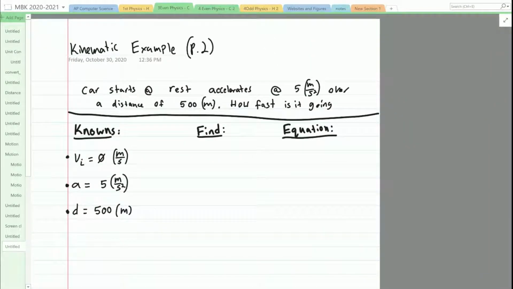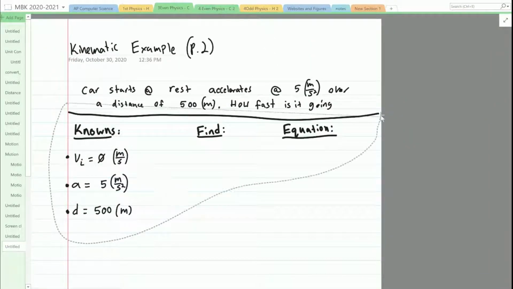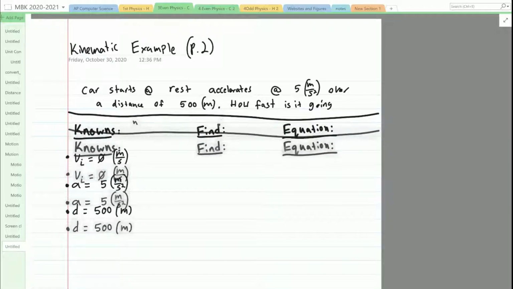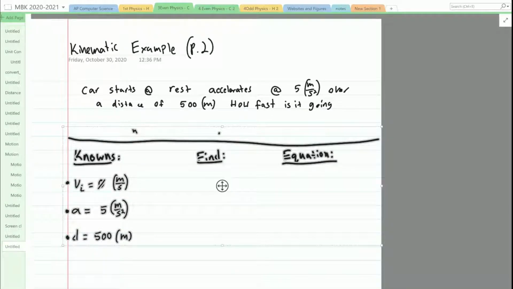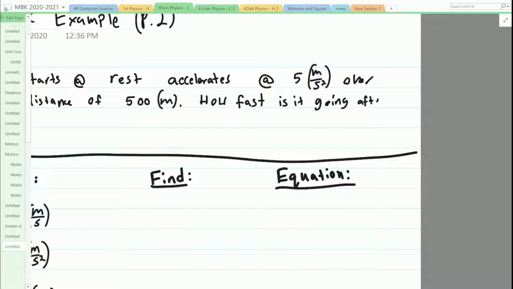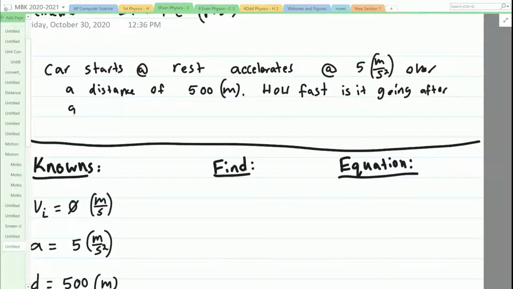I forgot to write what we were trying to solve for. Okay.